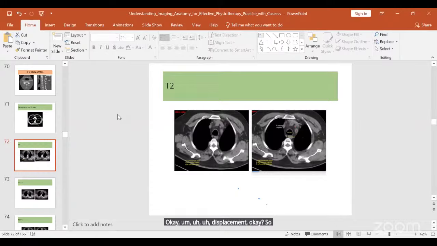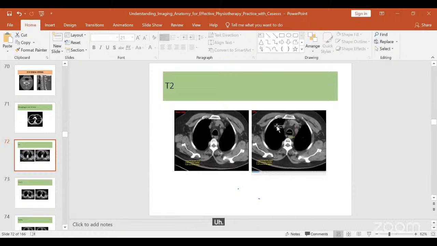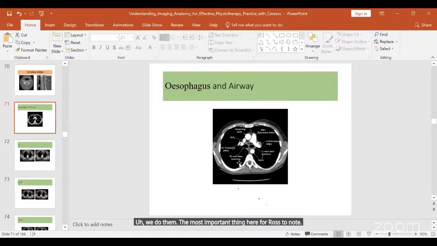So I don't want to bedevil ourselves with the spine, but just note that there are systematic methods that we use. The most important thing for us to note is that the spine is always posteriorly located along the longitudinal axis.